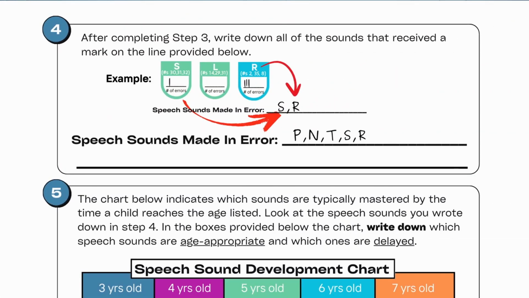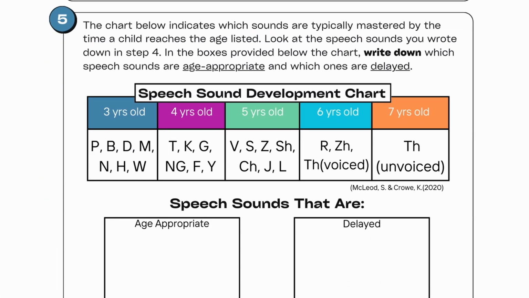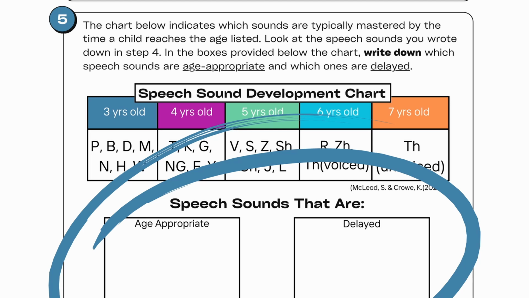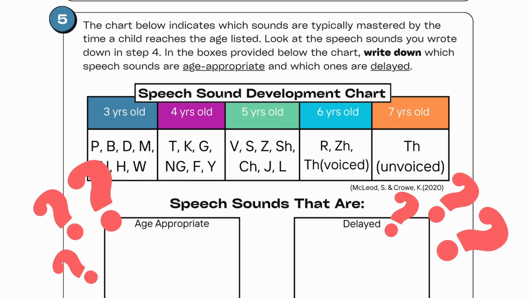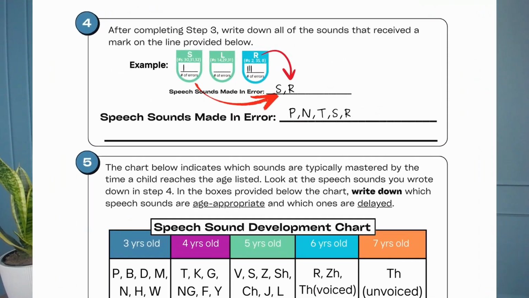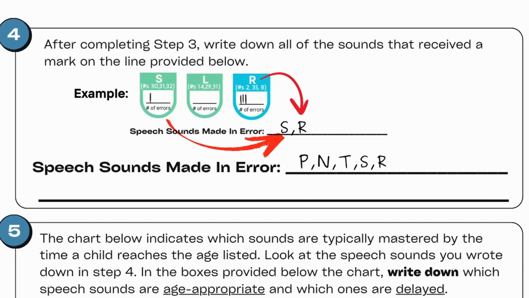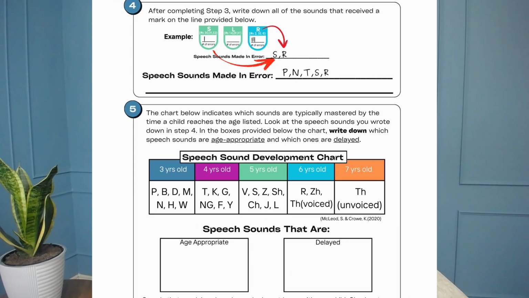So going on to section number 5, we're going to look at these 2 boxes. We want to figure out from each of these sounds, are they age appropriate for my child at this point, or are they delayed? And how you'll do that, if we look up here, say your child made errors on the sounds P, N, T, S, and R. You're going to look and you're going to say, okay, for this example, say your child is 4 years old.